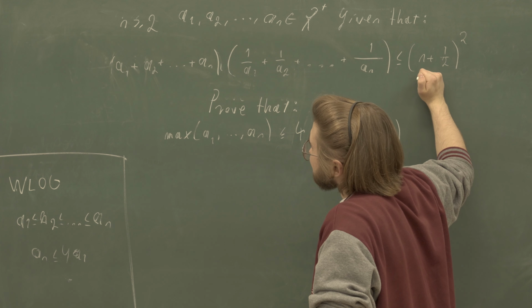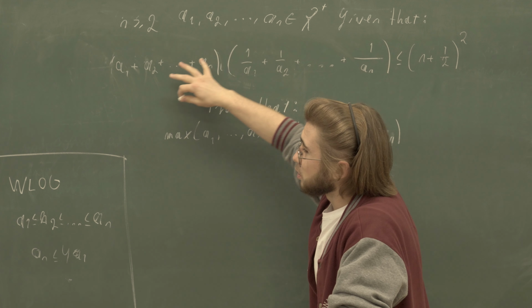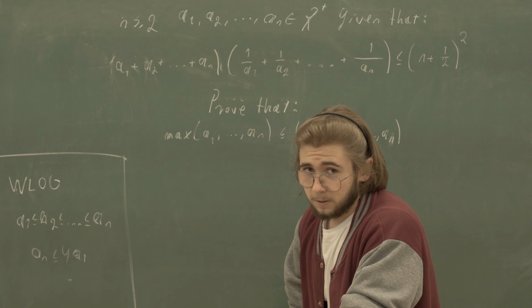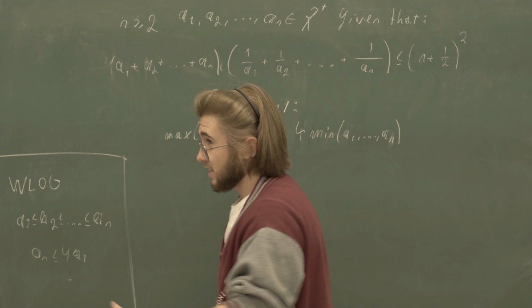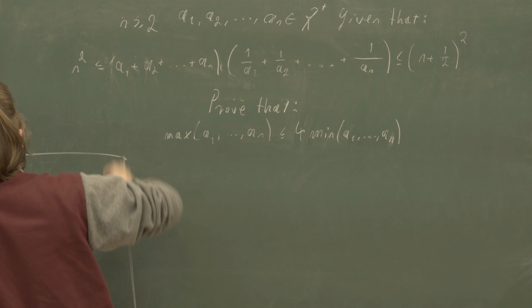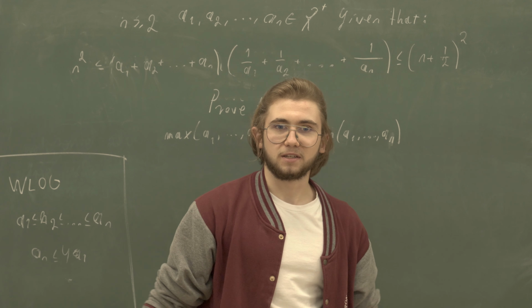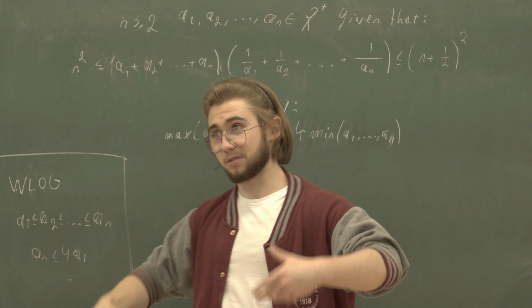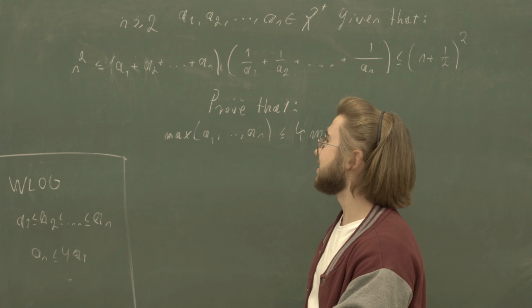And the problem is, how am I supposed to get some kind of a lower bound for this product of sums? Well, Cauchy-Schwarz inequality, product of sums. But the only lower bound I could get using Cauchy-Schwarz here is just n squared, which is absolutely not sufficient, because what am I going to get here? N plus a half squared is greater or equal to n squared. That's not the ideal scenario, I guess.